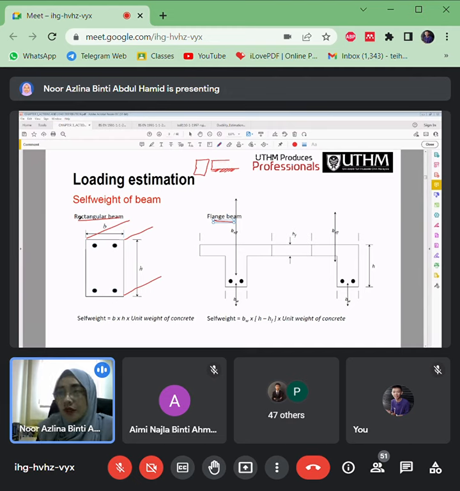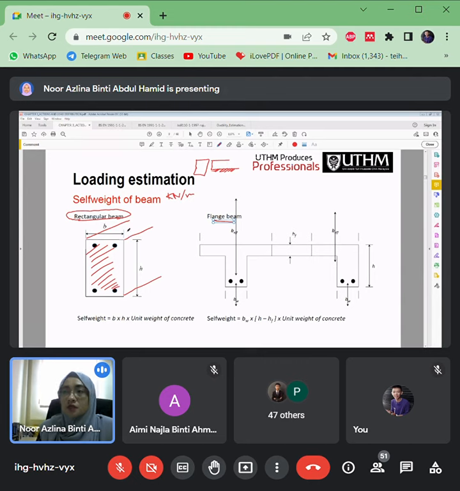That is why some of the beams we just design as a rectangle beam. In the rectangle beam, we have to consider the size of its cross section, because we consider the safe weight of the beam in kilonewton per meter. So it doesn't matter what the length of the beam is.